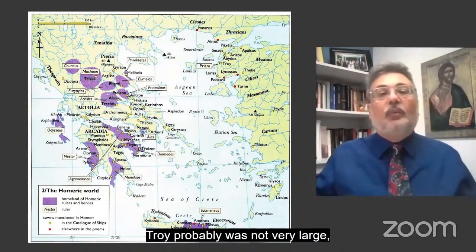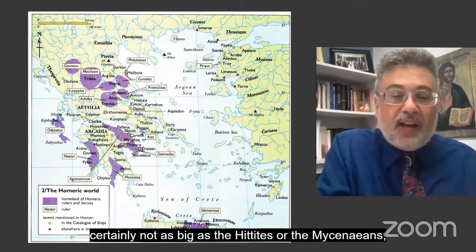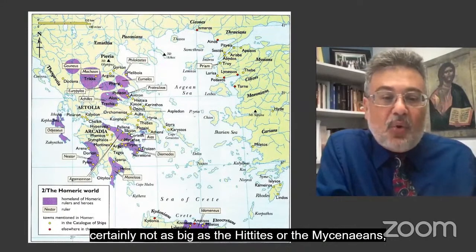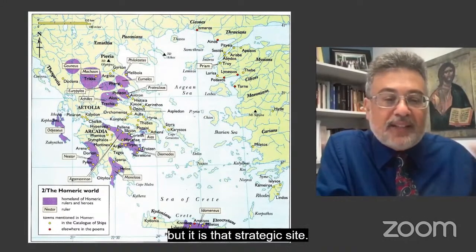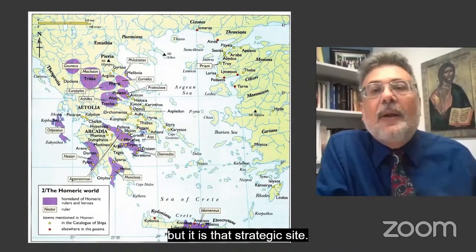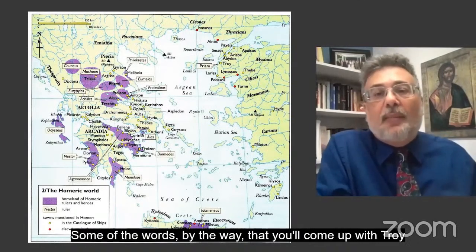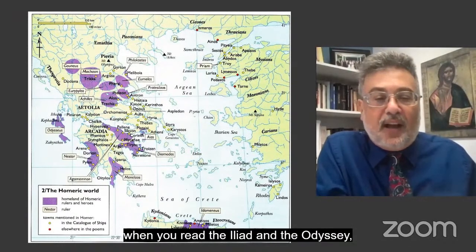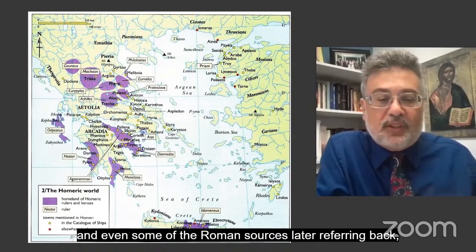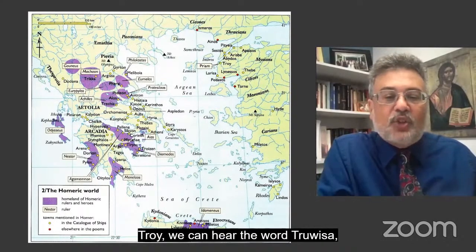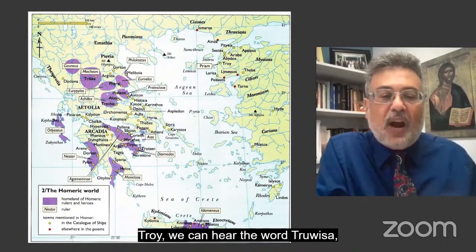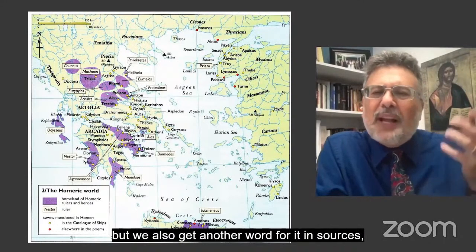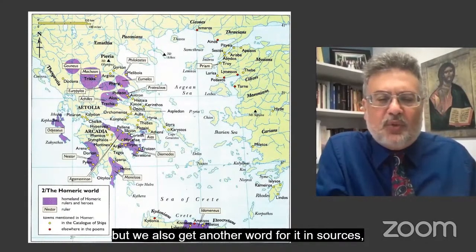Troy probably was not very large, certainly not as big as the Hittites or the Mycenaeans, but it is that strategic site. Some other words, by the way, that you'll come across for Troy when you read the Iliad and the Odyssey, and even some of the Roman sources later referring back: we can hear the word Taruisa, but we also get other words for it in sources.